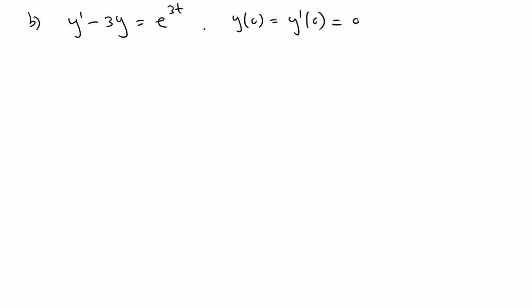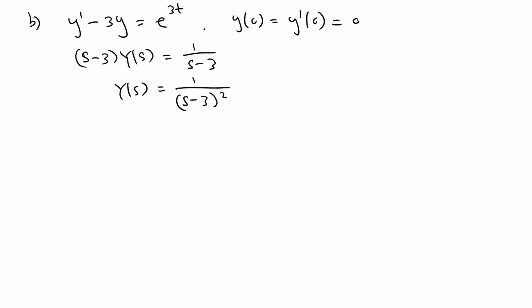Same thing, take the Laplace transform, so it's going to be (s minus 3) Y(s), that's what you get, and same as before, this is s minus 3, so Y(s) simply becomes 1 over (s minus 3) squared. Now we're going to take the inverse.